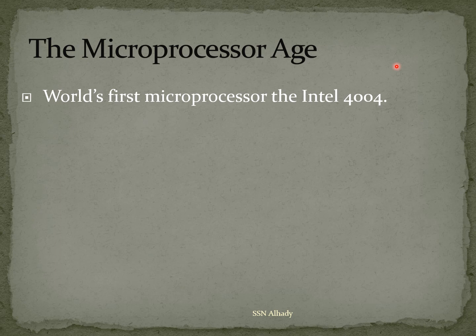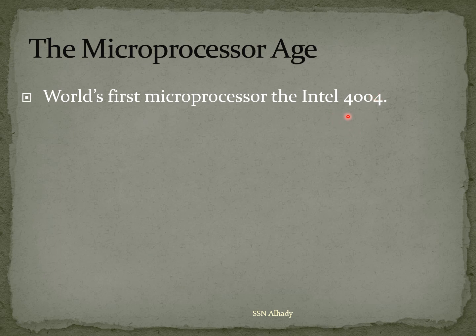Basically there are three types of lines in the microprocessor: address line, data line, and control line. When you mention the name of the processor, 4-bit, 8-bit, 16-bit, 32-bit processor, it actually refers to the number of data lines.